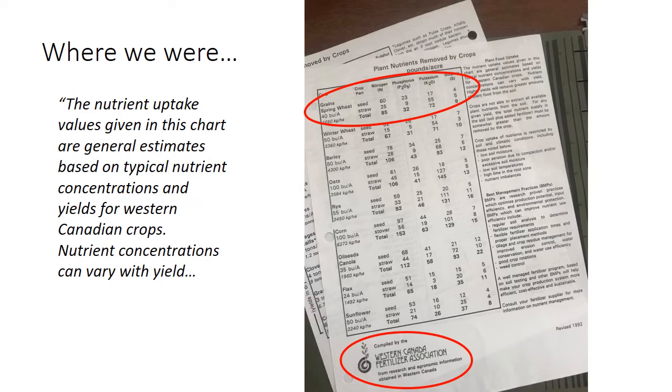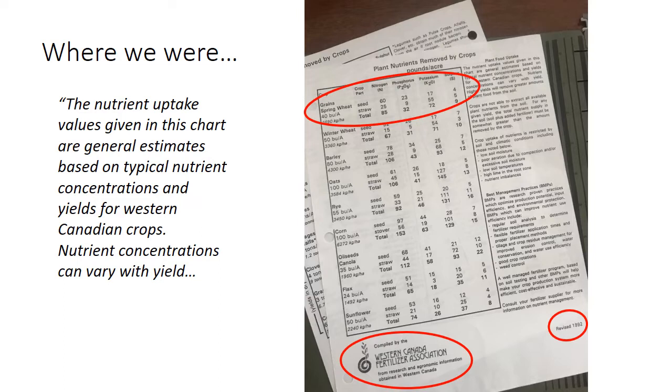But they provided a general estimate of an average yield for each of the crops, and then the total uptake, as well as what's removed in the seed when the seed is harvested. Importantly, this was a revised document in 1992. That lets us know that the data was likely collected during the 80s.